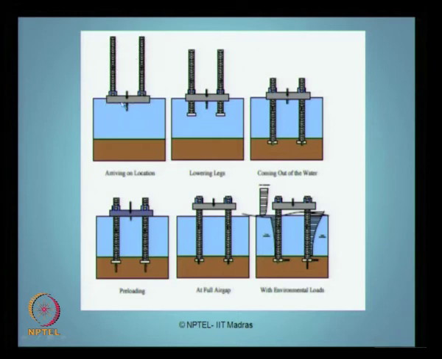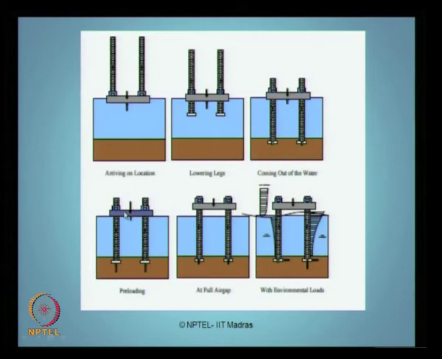So this is the towing position. It is arriving on location, then the legs are lowered. On the other hand, the deck is lifted up. As the deck is lifted up, it comes to a position, then it is preloaded and tested whether the legs have reached enough location and resistance in the sea floor, so that the legs can stay in position firmly.